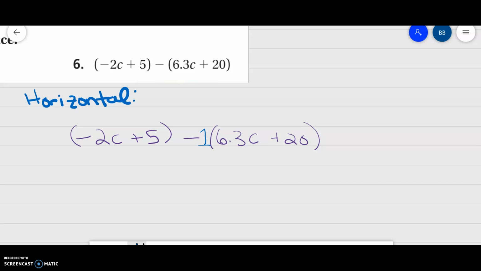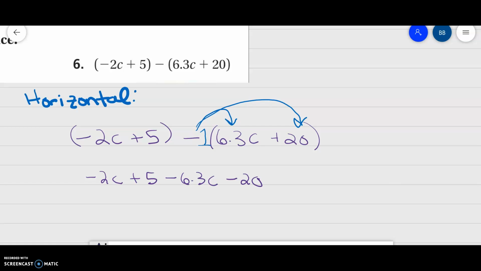So when we're subtracting this, we're subtracting 1 times 6.3c, and then we're subtracting 1 times 20. So I can rewrite this as negative 2c plus 5 minus 6.3c, because I multiply 6.3c by negative 1, and then also minus 20 because I distribute this negative over to the 20.